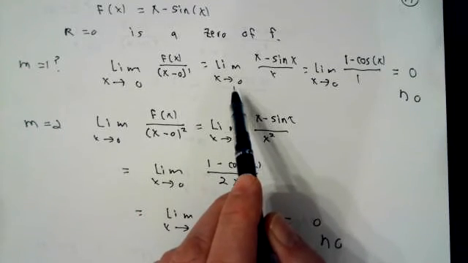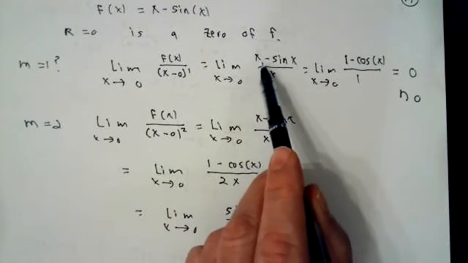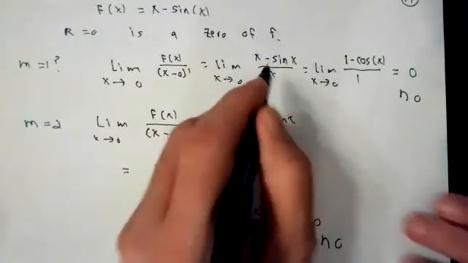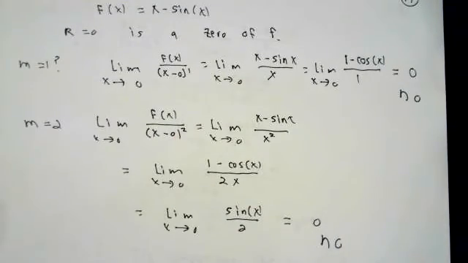This is the limit as x goes to 0 of (x minus sine x) divided by x. As x approaches 0, both the numerator and the denominator of that fraction approach 0. That makes it an indeterminate form of type 0 over 0, meaning that we can use L'Hopital's rule on it.